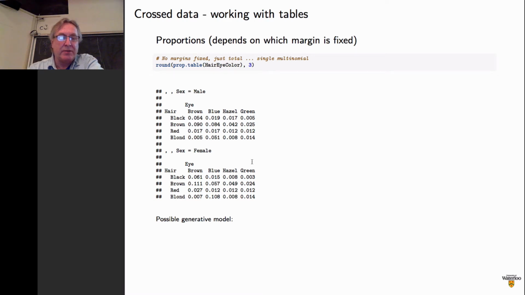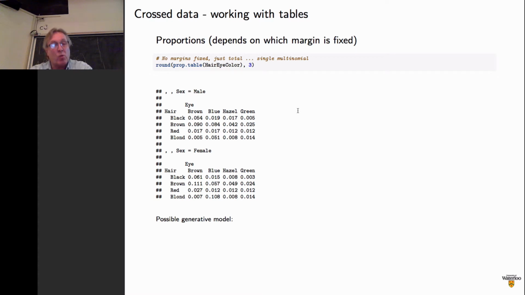And so you might imagine, well, what am I summing up here? Well, I've not specified any margin, so these have to sum up to 1, right? And so now that looks kind of like a probability distribution, these proportions.